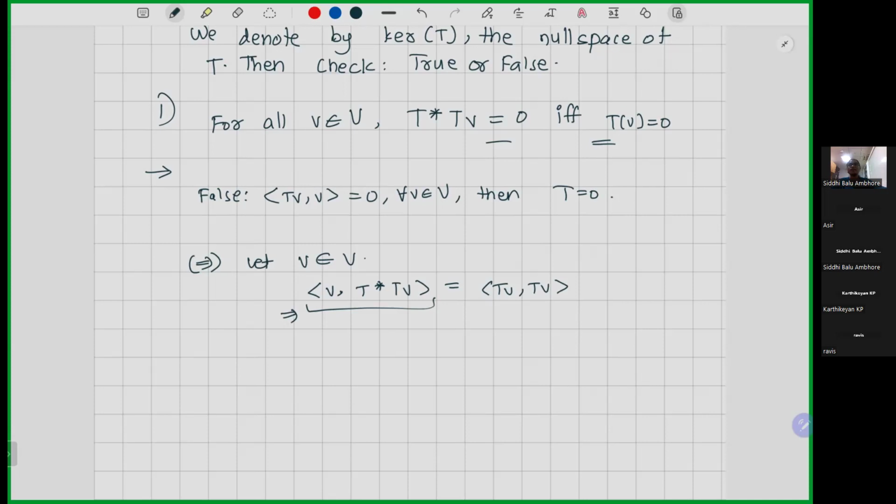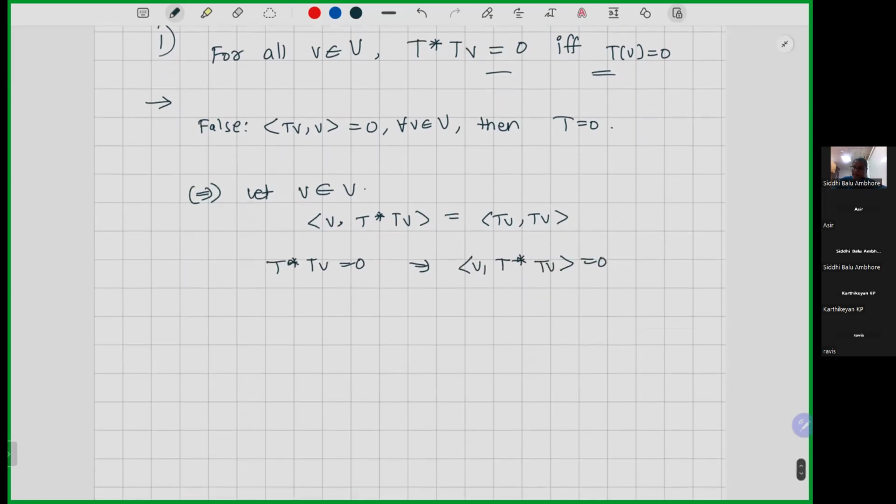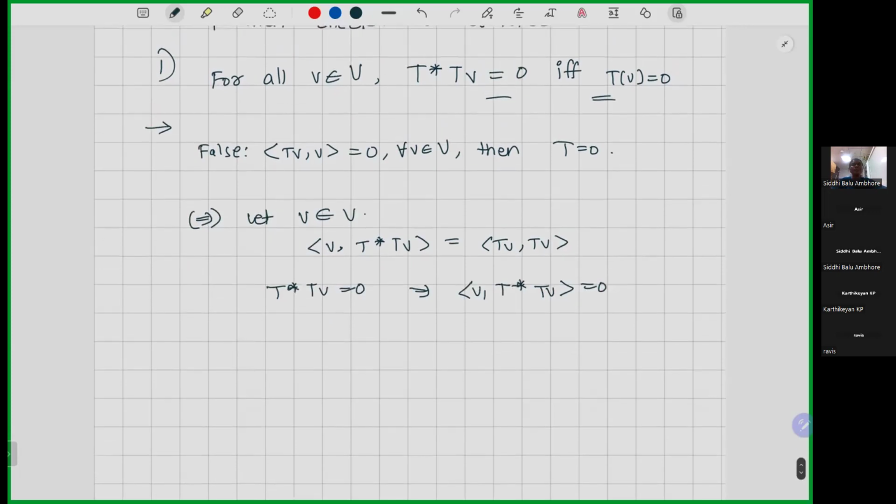Since T star Tv is given to be 0, this implies that the inner product of v with T star Tv is 0, because we are then taking the inner product with this, right? Given that.